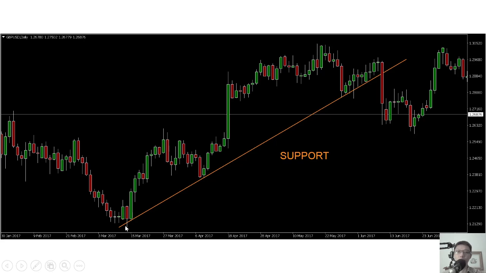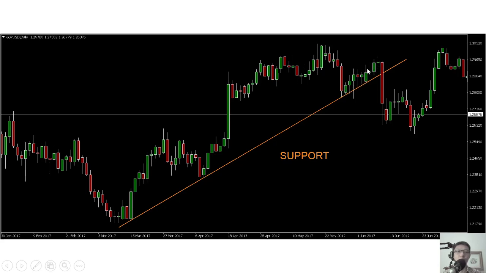We can connect it with a trend line like this. Usually, when price touches this trend line, this line can act as a support. We can see this. After sellers touch this trend line, buyers come in and try to push the price higher.